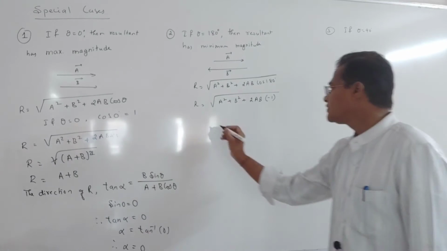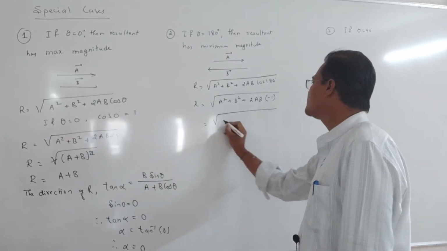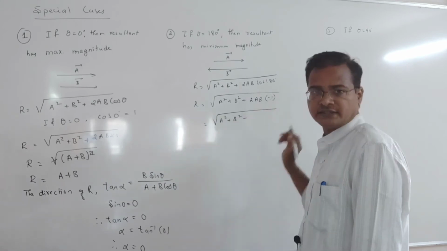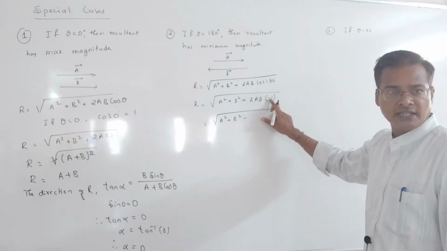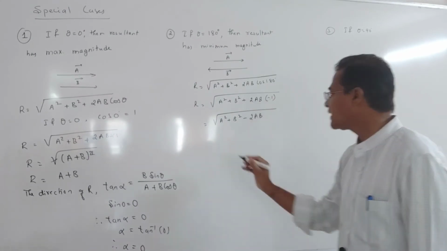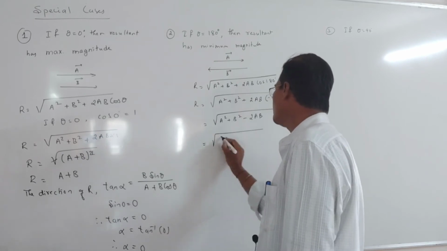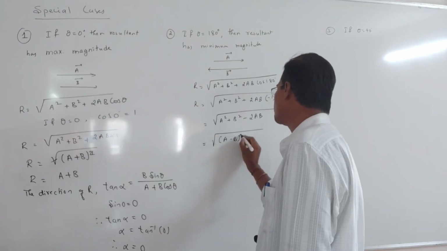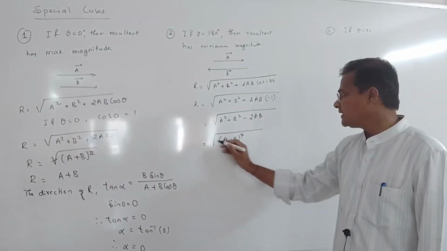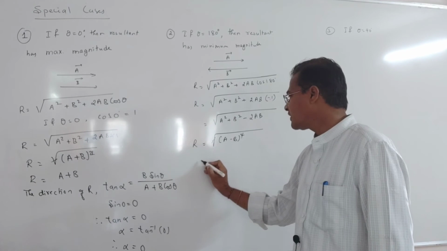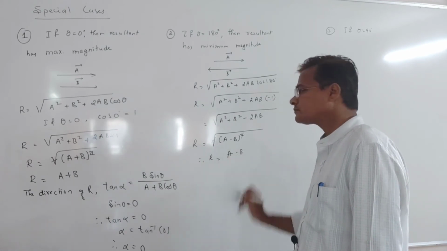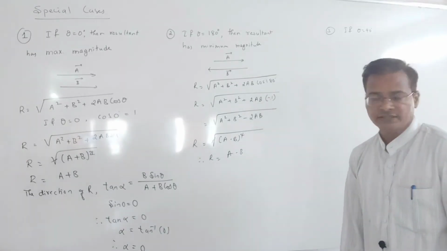Plus into minus is minus, 1 into 2ab is 2ab. This looks like the a minus b whole square formula. a minus b whole square is a square plus b square minus 2ab. So this and this get cancelled, therefore r equal to a minus b.